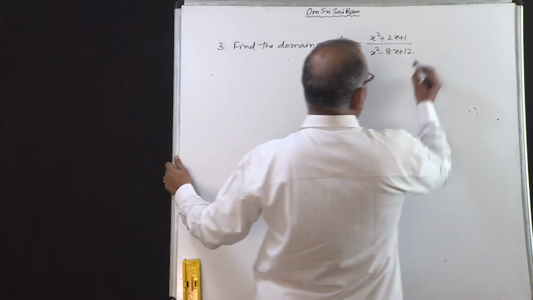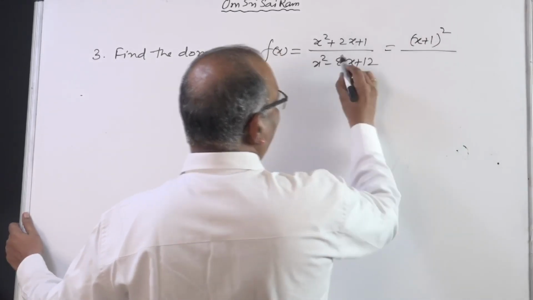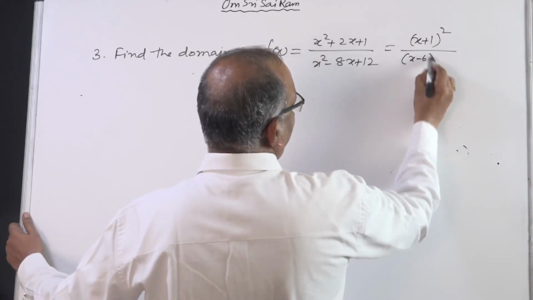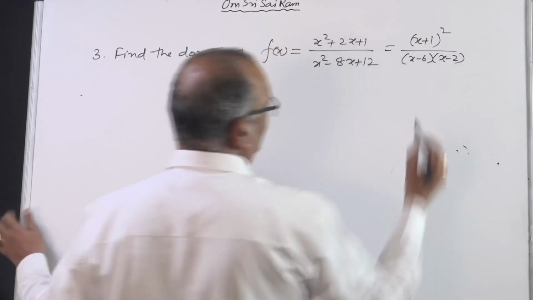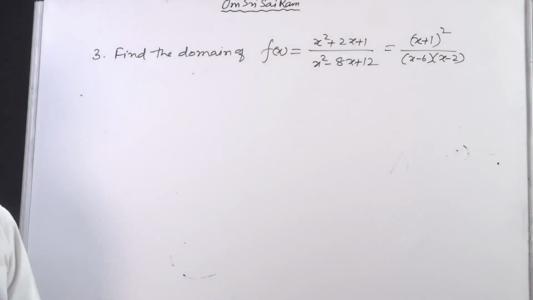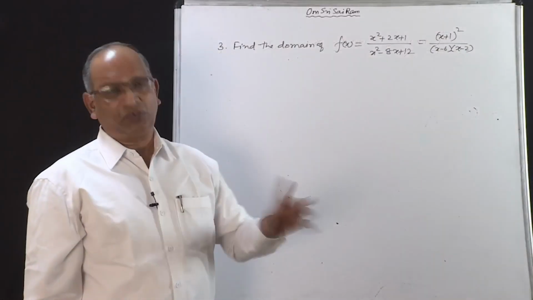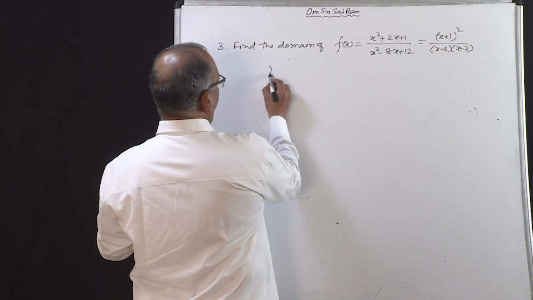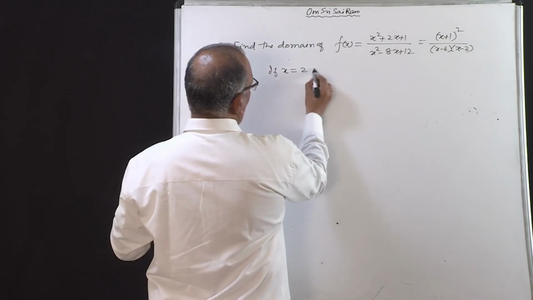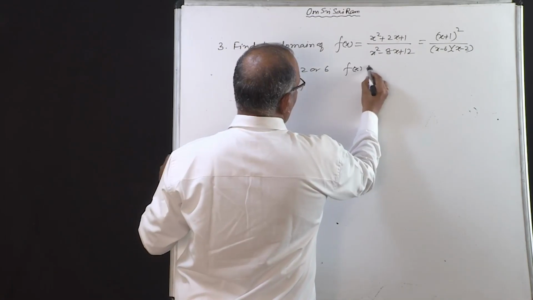So, this can be written as (x plus 1) whole square, and factorize the denominator: (x minus 6)(x minus 2). So, the denominator will become 0 if you substitute x equal to 6 or x equal to 2. If x equal to 2 or 6, f(x) is not defined.